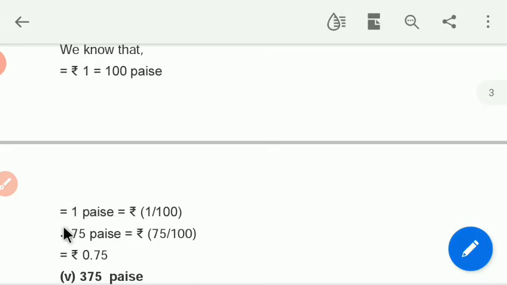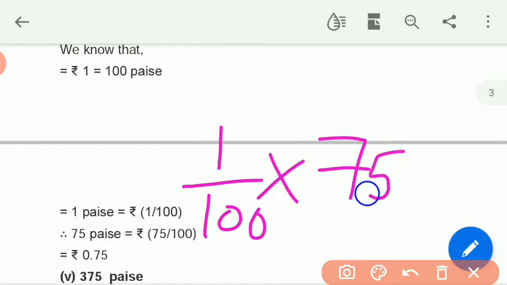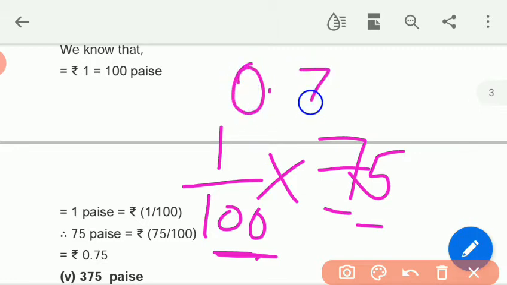After that, from 1 to 75, which means from 1 to many, I'll multiply. So 1 by 100 times 75, or 75 upon 100. How many zeros are there? 2 zeros are there. So we have to put the decimal from the back after 2 numbers. So 1, 2. It means 0.75 rupees is equal to 75 paise.